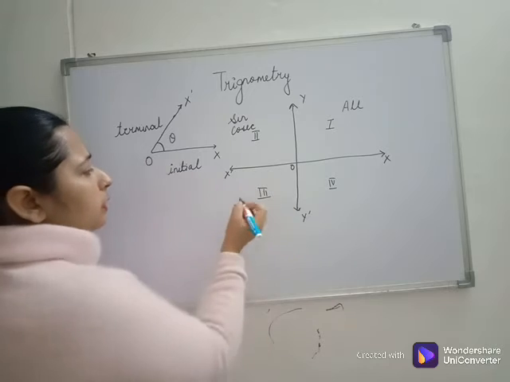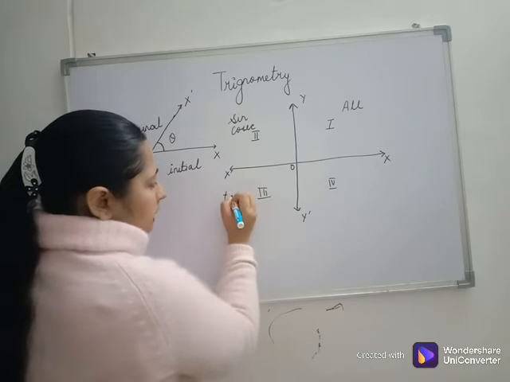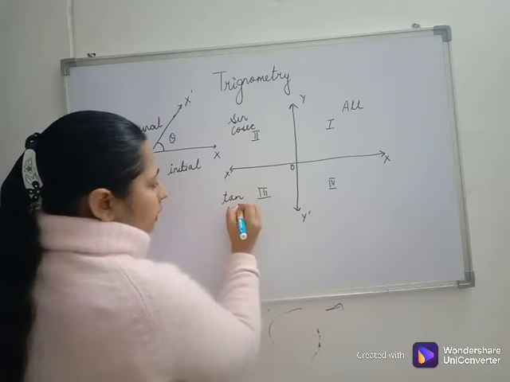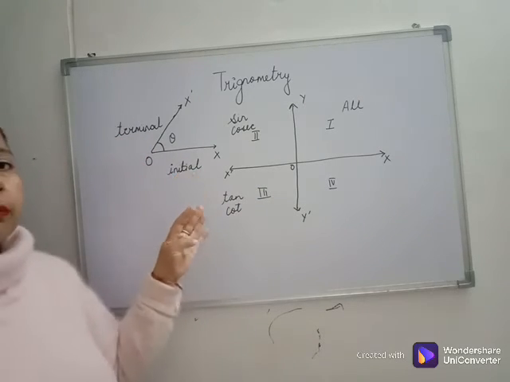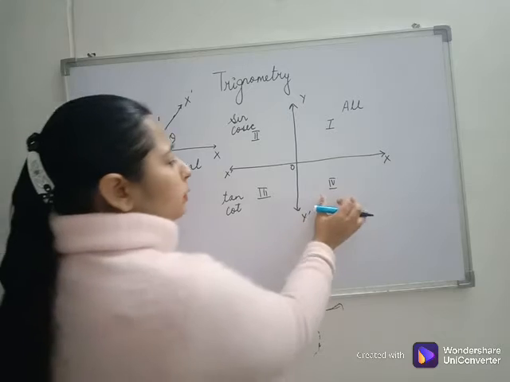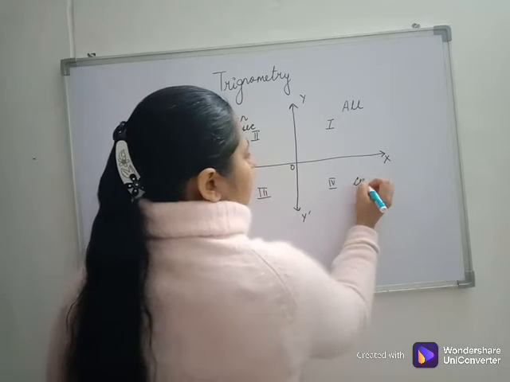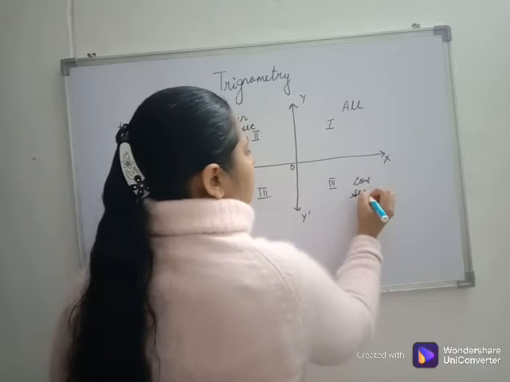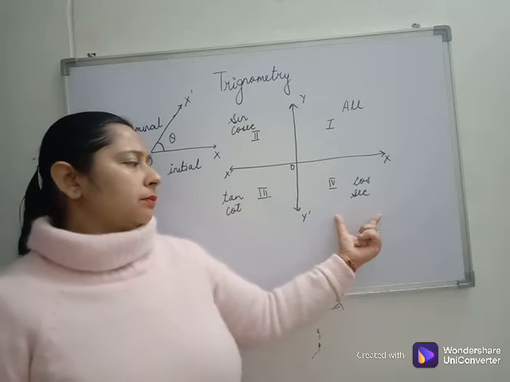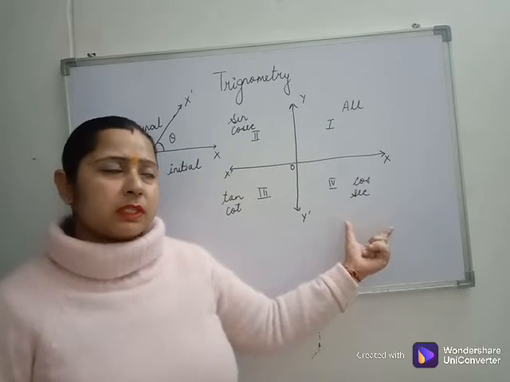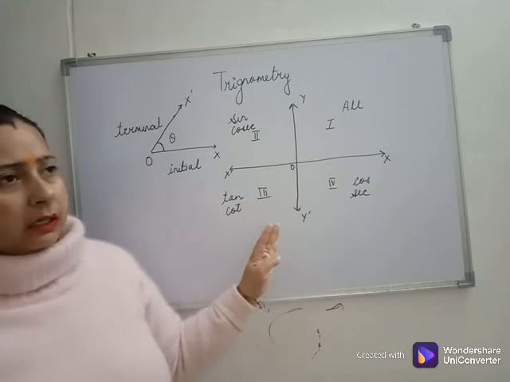In the third quadrant, tangent theta and cotangent theta will be positive, and the rest will be negative. In the fourth quadrant, only cosine and secant theta will be positive, and the rest will be negative.